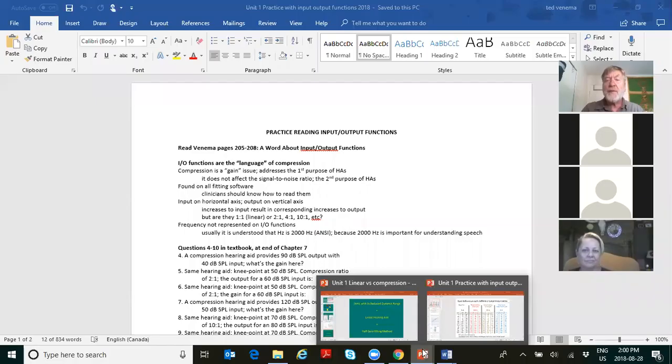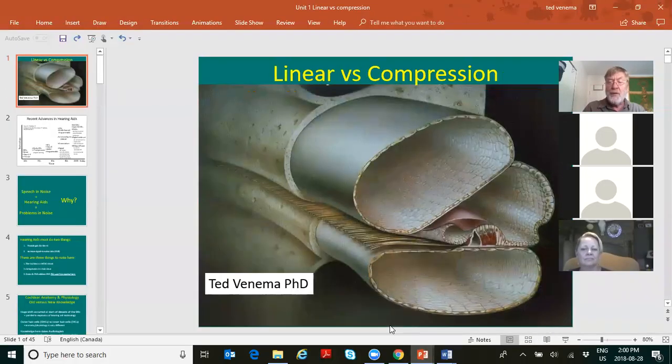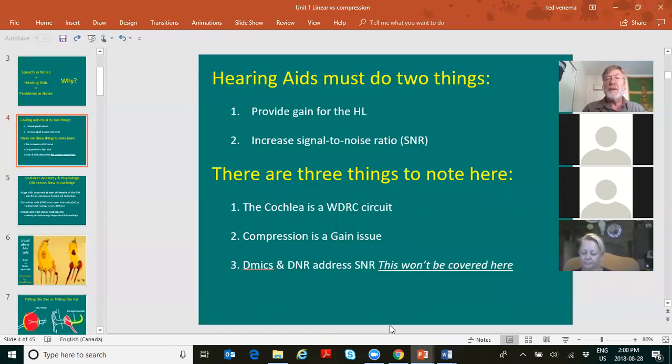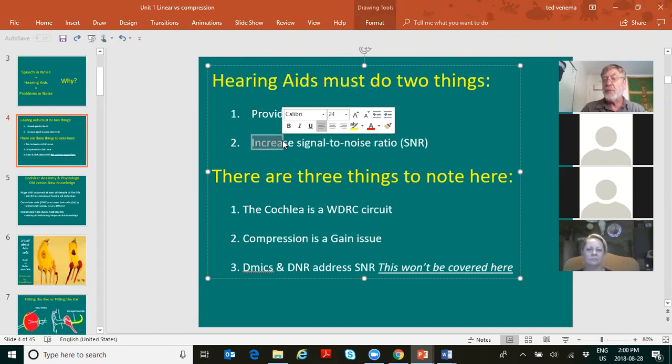When looking at your PowerPoint slides, the fourth slide of the first PowerPoint, hearing aids have to provide gain for the hearing loss and increase the signal-to-noise ratio.